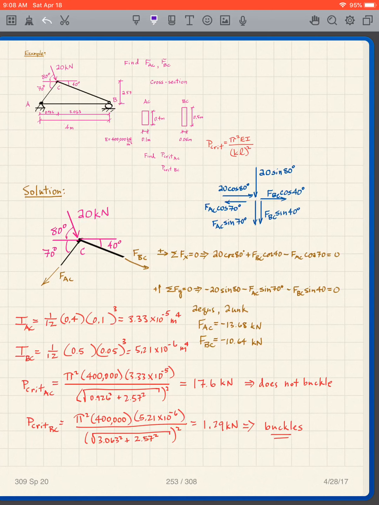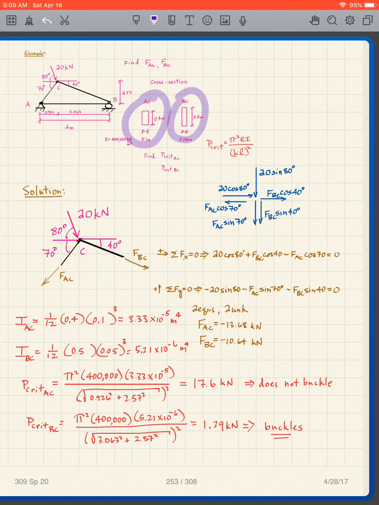Okay, what else do we need to do to solve this problem? Well, this is the cross-section for member AC. This is the cross-section for member BC. And I need to find the moment of inertia. Which moment of inertia am I going to use? Remember, I want the smallest moment of inertia.